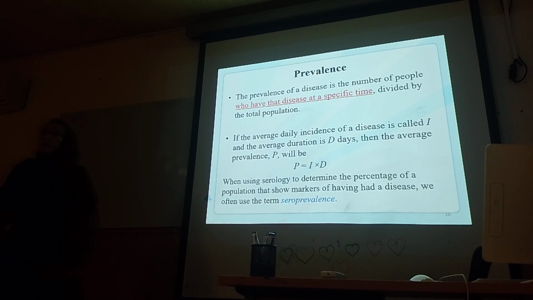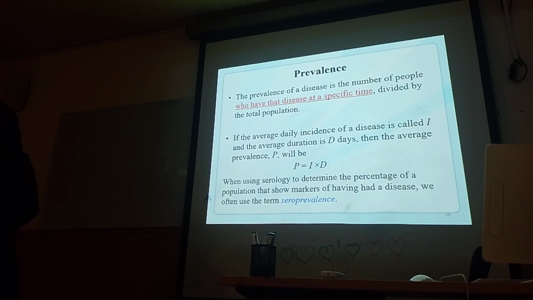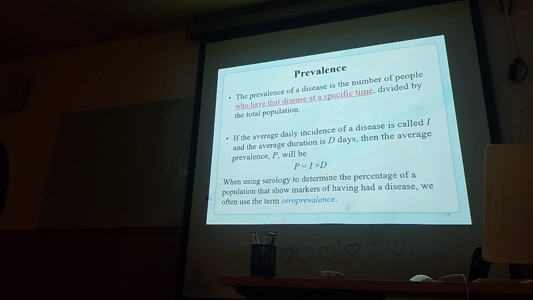If I tell you that we have two communities. In community 1, the incidence of, for example, diabetes is 4%.